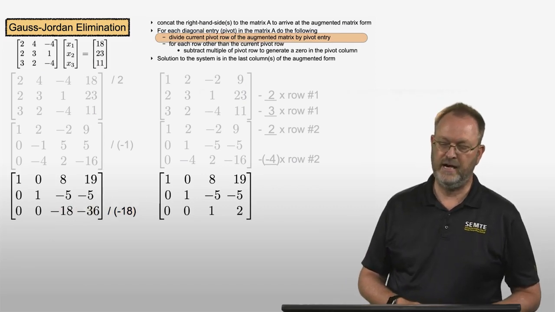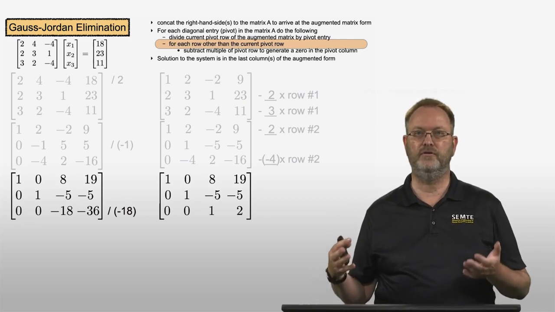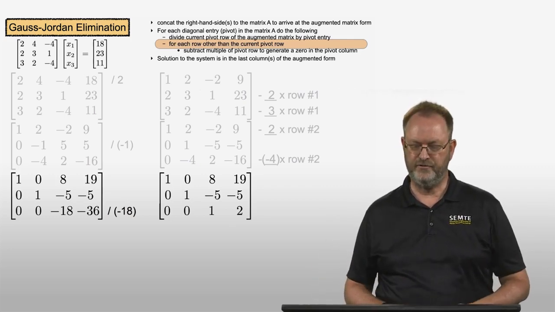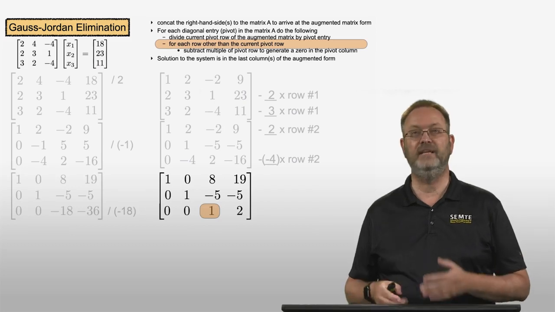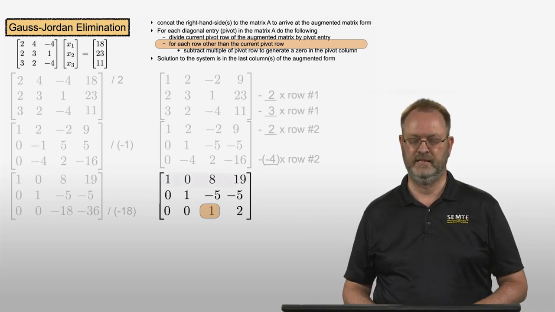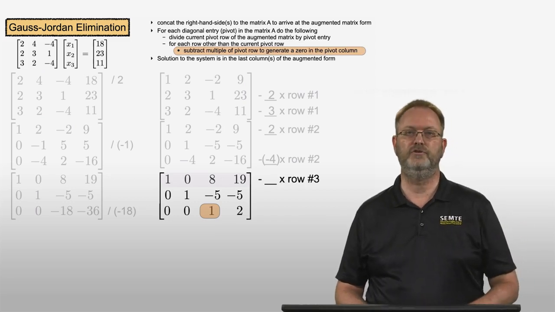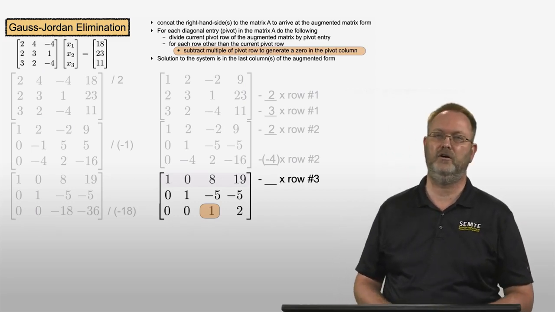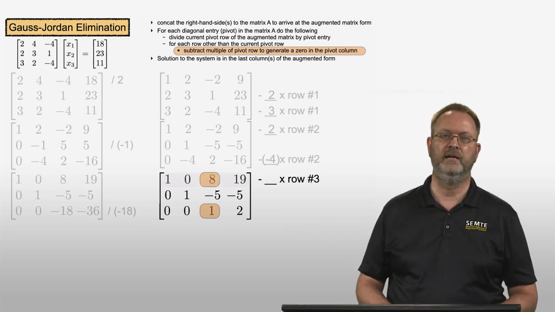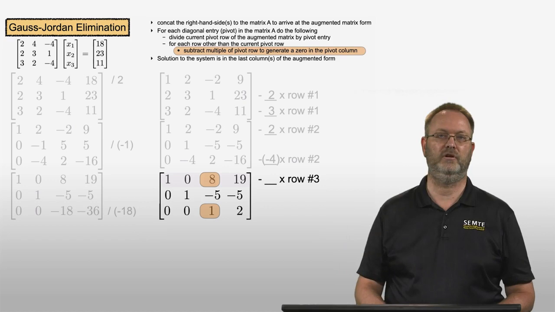Good. Now for each row other than my current third pivot row, I have to generate zeros in that column by subtracting a multiple of the pivot row from that corresponding row. So let's start out with the first row. I want to find a multiplier of row number 3 to generate a 0 where the 8 currently resides.